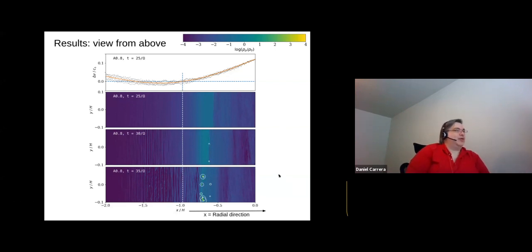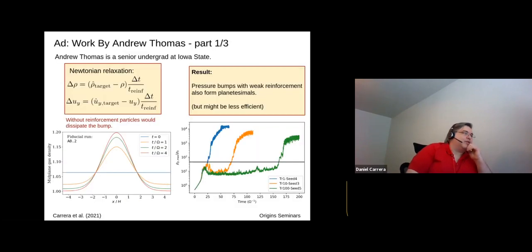Now, next, I want to take a brief detour to discuss the work of a student, an undergrad at Iowa State, Andrew Thomas, who's working with me. So I need to take a step back and talk a little bit more about how we make that pressure bump. We'll use density relaxation, which is a very simple way to make a pressure bump form gradually.